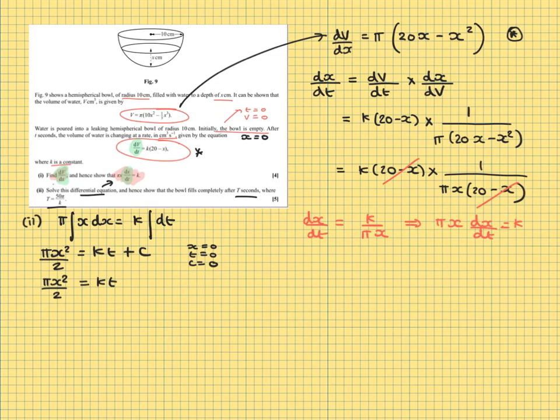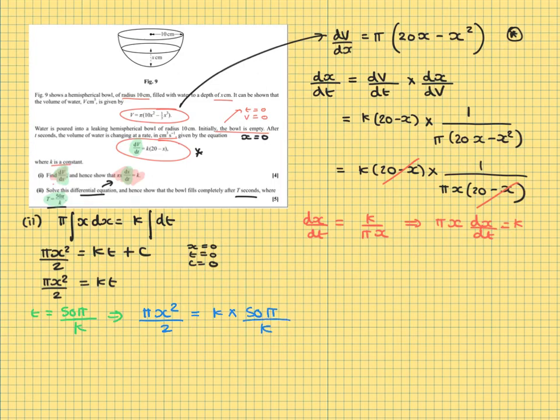Now, what happens when t equals 50π over k, which was the information that we were given over here? Well, let's substitute that in. So t equals 50π over k. Let's input that information for the time. So that gives me πx squared over 2 equals k multiplied by 50π over k.